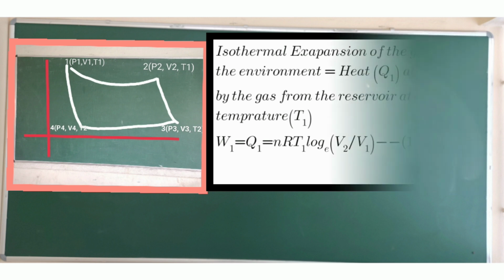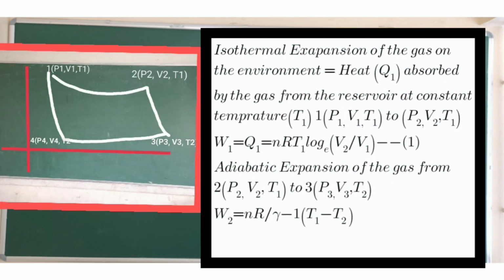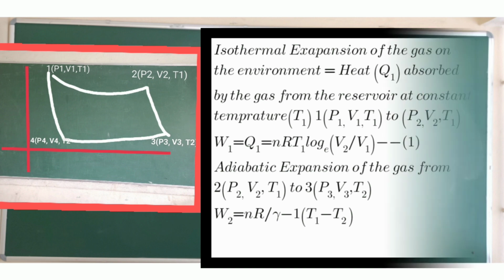In the second step, adiabatic expansion of the gas from P2 V2 T1 to P3 V3 T2. Work done by the gas in the adiabatic process W2 is equal to nR by gamma minus 1 into T1 minus T2. W1 is the work done by the gas during the isothermal expansion. W2 is the work done by the gas in adiabatic expansion.